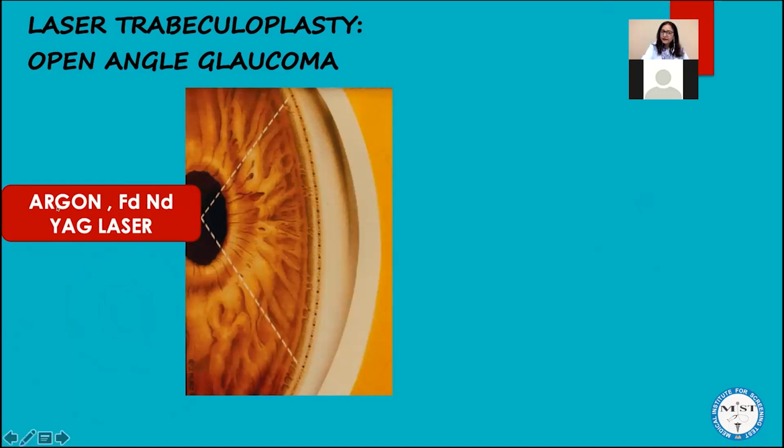You can use argon laser or frequency doubled Nd:YAG laser. Here laser spots are placed in the trabecular meshwork, as you notice over here. This brings about opening of the trabecular meshwork. The channels open, which helps in the drainage of the aqueous. So this procedure is meant for open angle glaucoma.